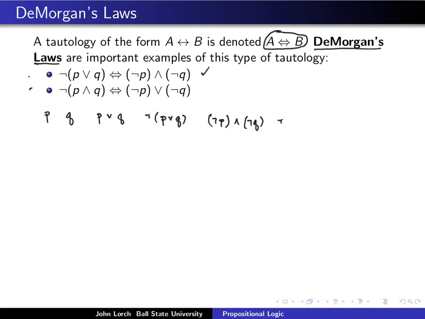So that would be not (P or Q) if and only if not P and not Q. Okay, so those are the columns for our truth table.